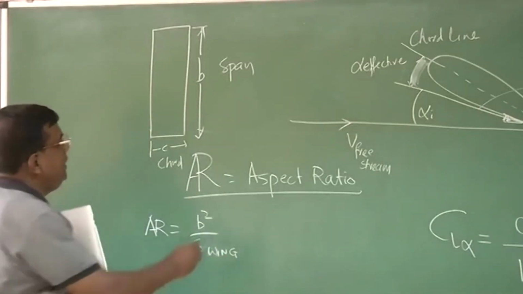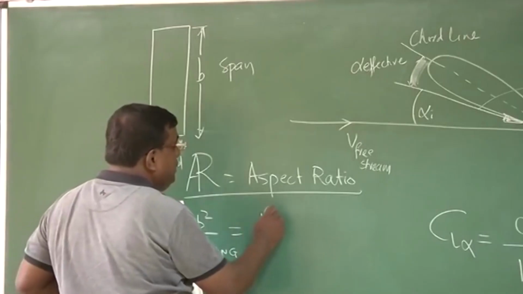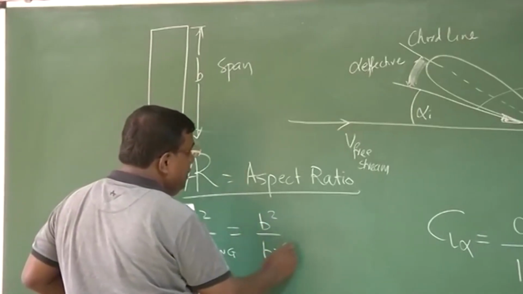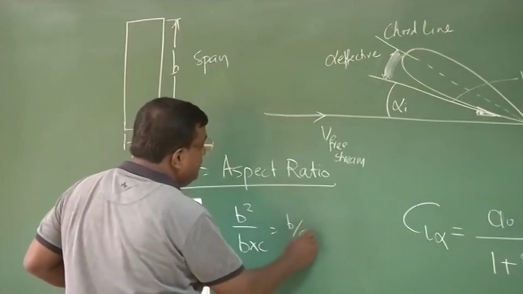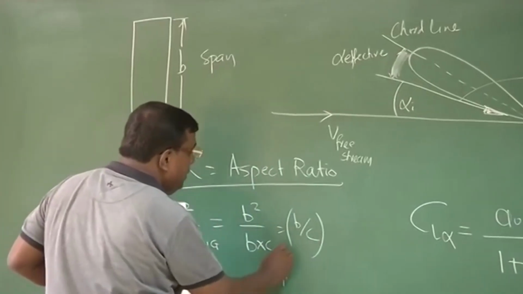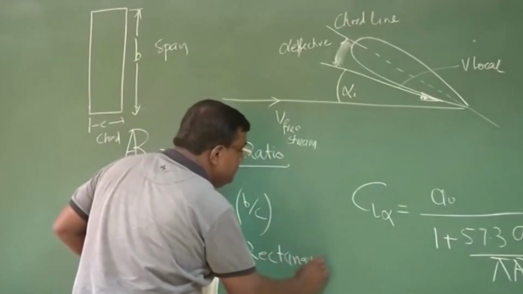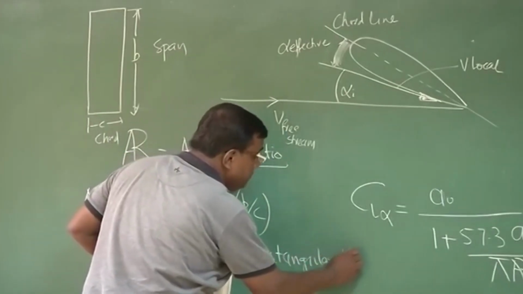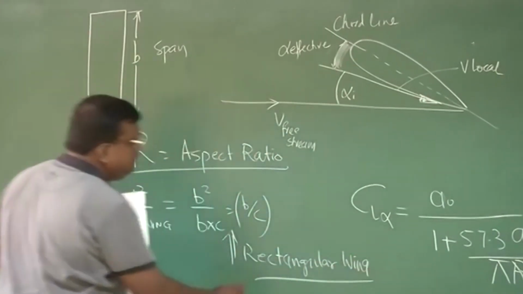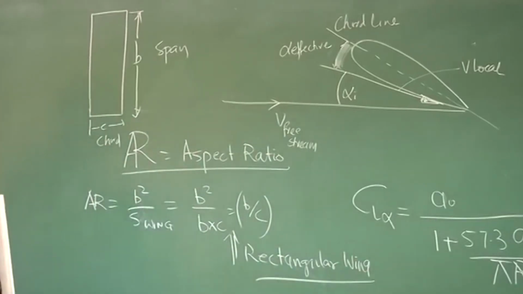For a rectangular wing, it automatically becomes b square by b into c, so it becomes b by c for a rectangular planform wing.